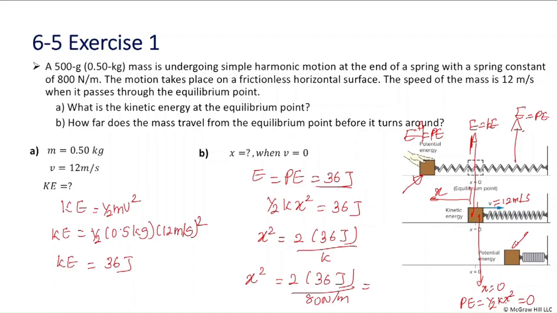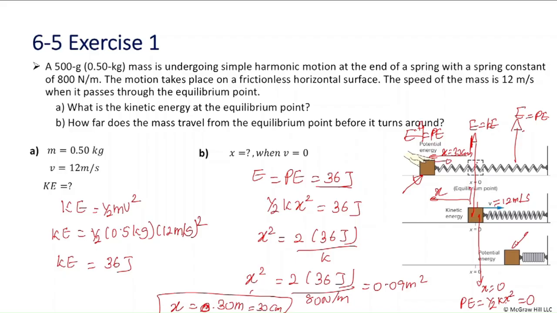So, you should get 0.09 meter squared. Now, this is x squared, therefore, calculate x, take the square root. So, x is 0.3 meter or 30 centimeter. So, the mass traveled 30 centimeter from the equilibrium point before turning around.